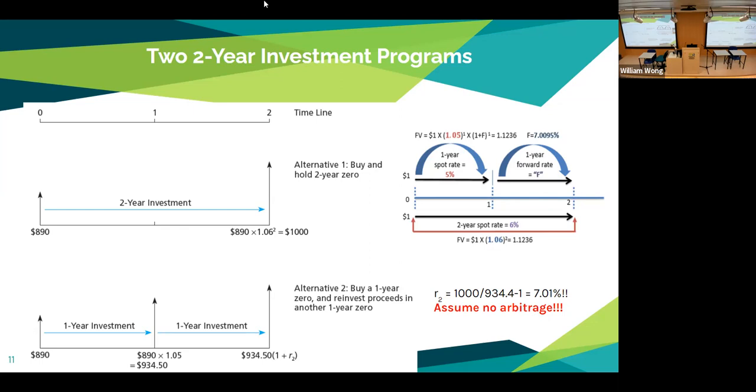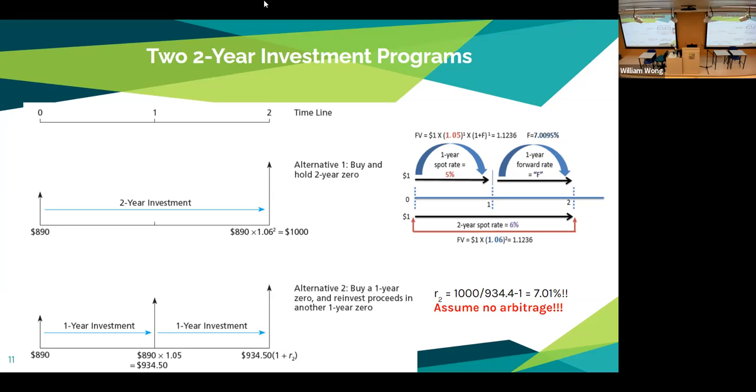The second choice is a 1-year investment at 5%, which gets you $934.50. Then for another year of investment, it will be $934.50 times 1 plus R, which gives you the future value.